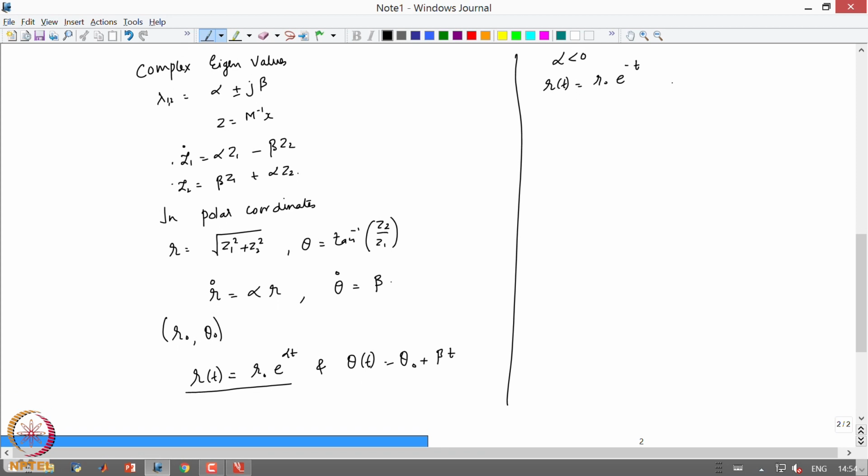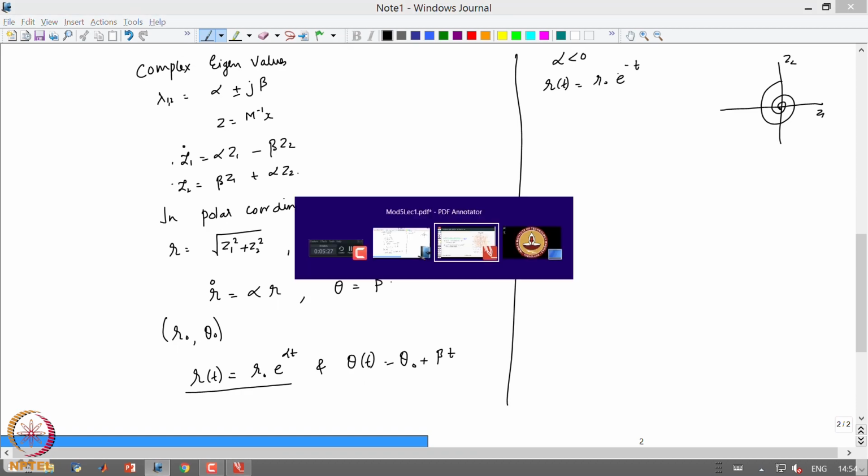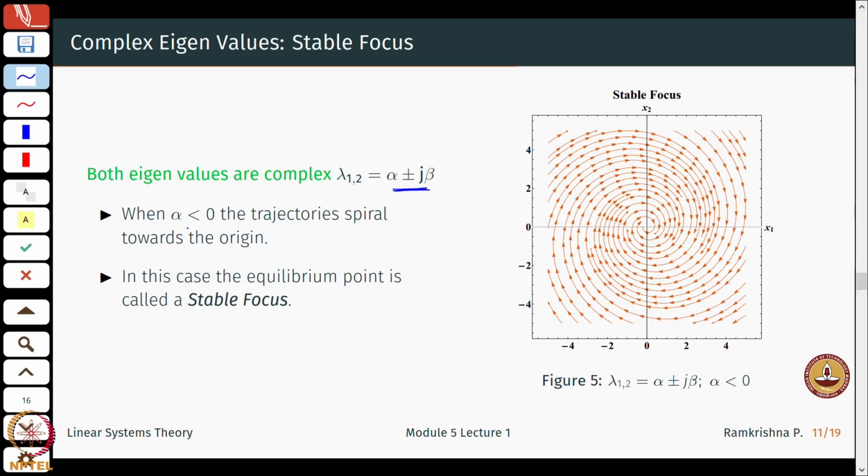This means in my z1 z2 plane, my trajectories will just spiral to the origin, say maybe in this way. It is also obvious from here, right. I start with the initial radius and it will just go spiraling to the origin. So, when alpha is less than 0, the trajectories spiral to the origin. In this case of complex eigenvalues, I call my equilibrium point a stable focus.